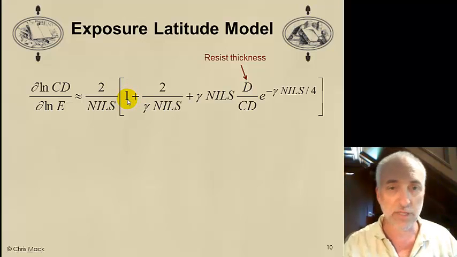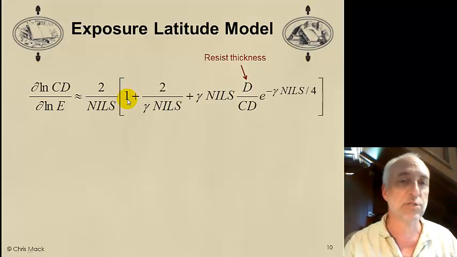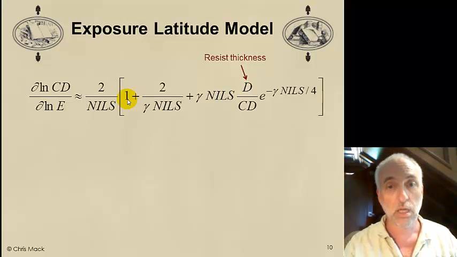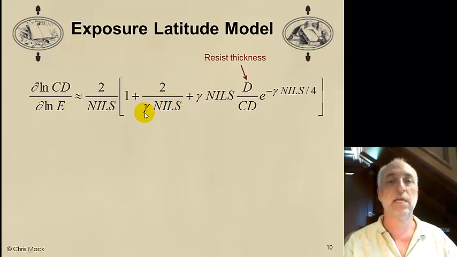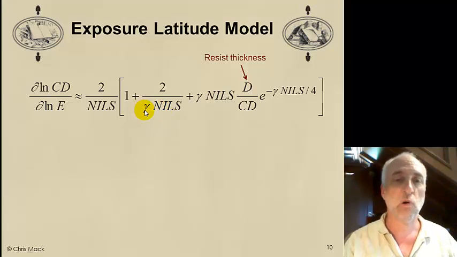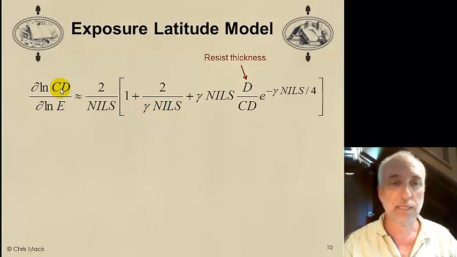You can't do any better than that. There's no more information available to us than the information that comes from the image. Then I have a term that degrades that from the fact that I have a finite contrast. So I get larger CD errors when the contrast is not infinite.